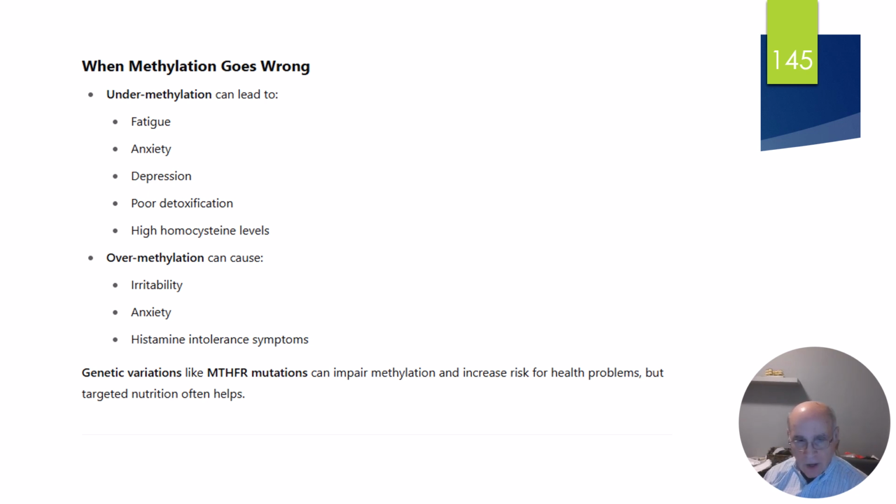So genetic variations like MTHFR mutations can impair methylation. And this is the first thing that I look at in my patients when I do a genomic test. I look at MTHFR and see if they're heterozygous or homozygous for the two major SNPs of MTHFR.